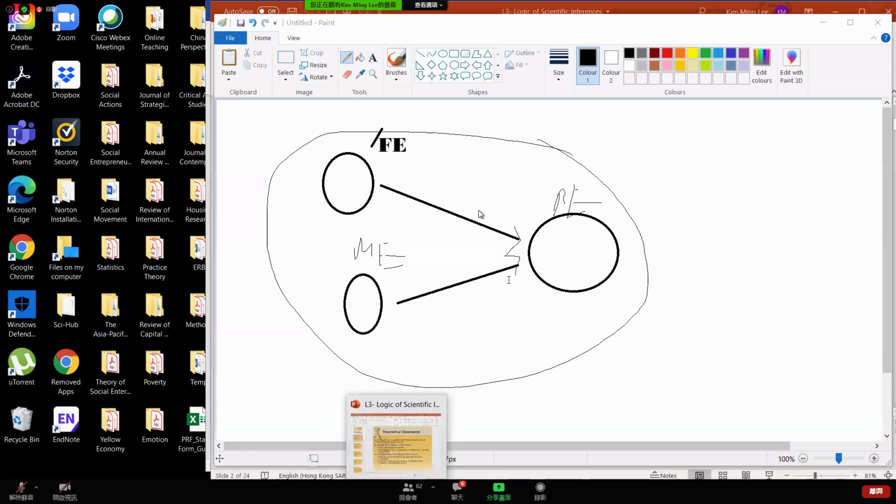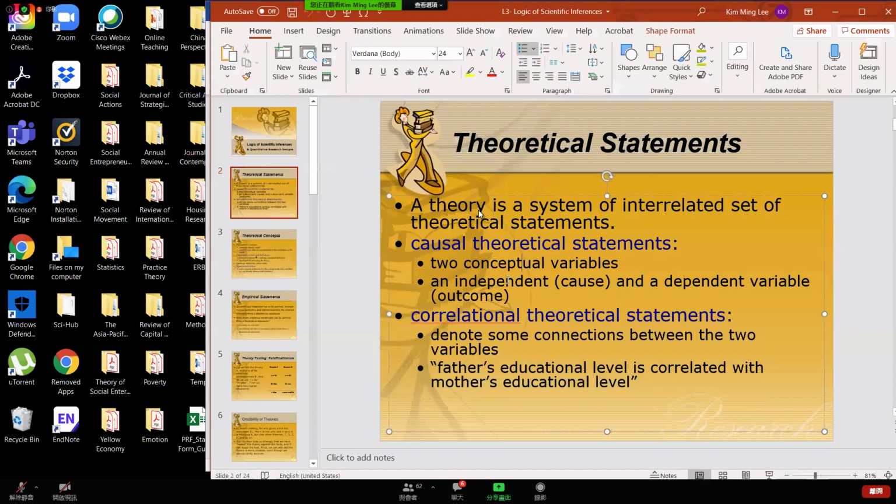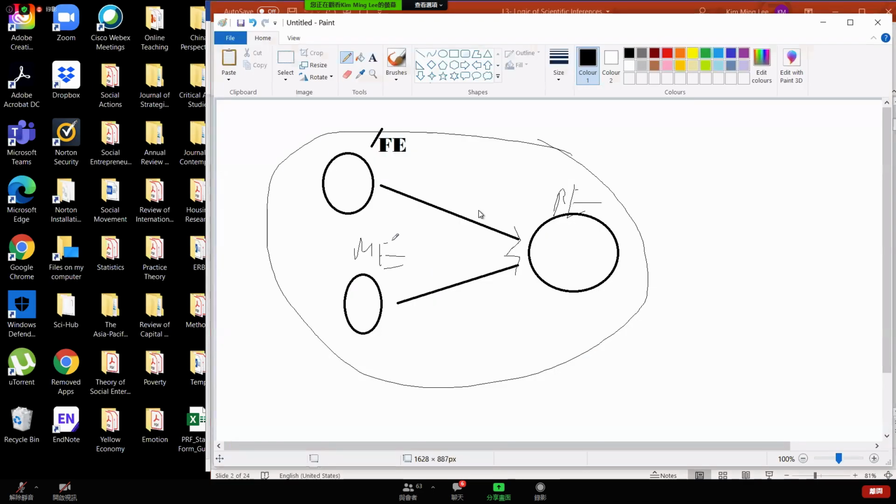That means it is about cause and effect, and the effect is RE, the respondent's educational level; the respondent is the person you ask, something like that. In terms of conceptual variables, the cause is known as the independent variable and the outcome is the dependent variable. So in this case, father educational level is the cause, so this is the independent variable.